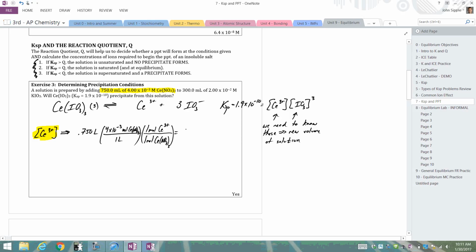Okay, so that means then we have 0.75 times 4 times 10 to the minus 3. So that means we have 0.003 moles of cesium ions in solution.